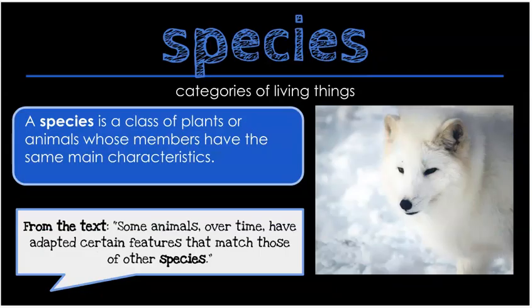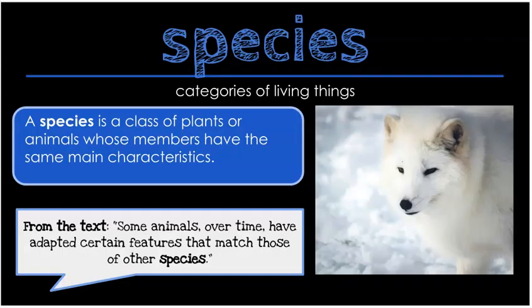Our next word is species. According to the text, species are categories of living things. A species is a class of plants or animals whose members have the same main characteristics. From the text, some animals over time have adapted certain features that match those of other species.